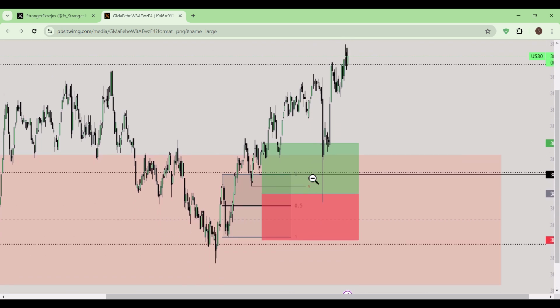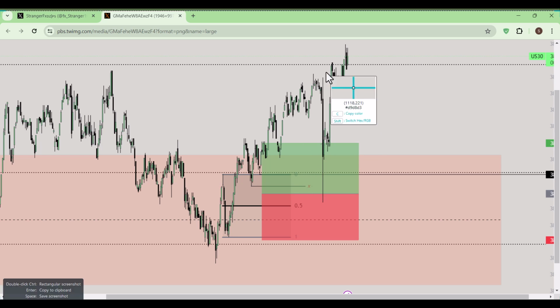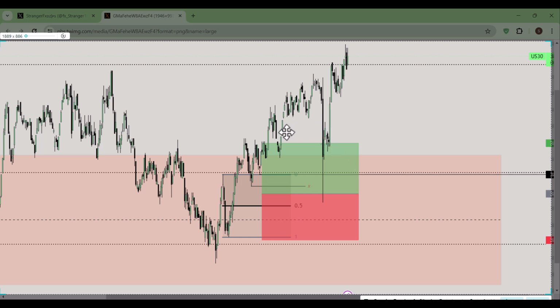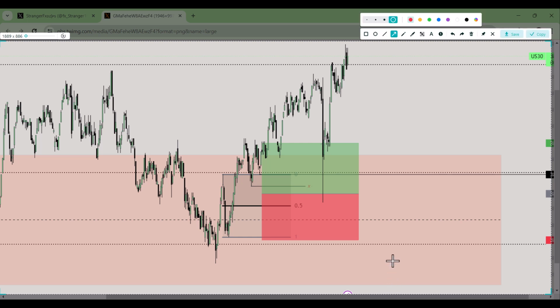But this whole zone, or this whole leg to the downside, would have stopped you out if you entered from here. All right, so this whole leg, this series of higher highs and higher lows, and then this sudden move, is on a higher time frame like this. So as you can see, this is on the higher time frame.